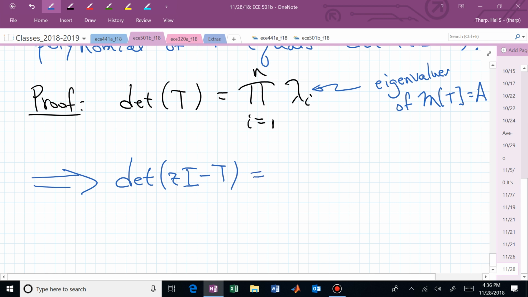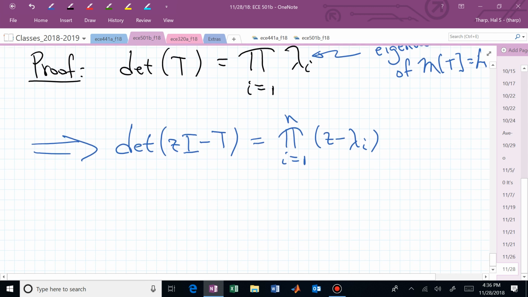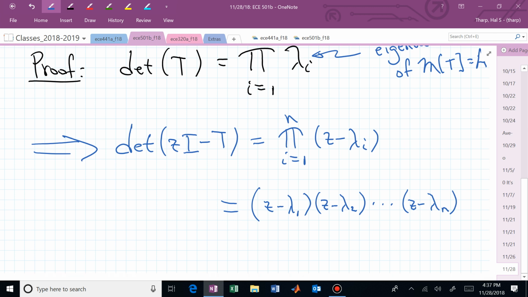This is the product of i equals 1 to n of z minus lambda sub i. But what is that? Well, that was just how we defined the expression for our characteristic polynomial. We said that that was z minus lambda 1, z minus lambda 2, up to z minus lambda sub n. Here I'm including repeated eigenvalues among these lambda 1, lambda 2, lambda sub n's. I'm not worrying about multiplicity here.